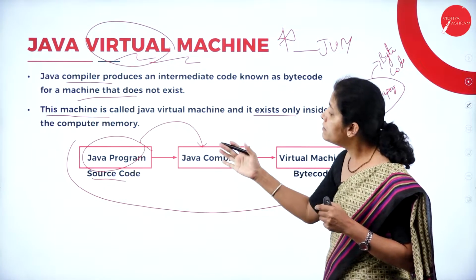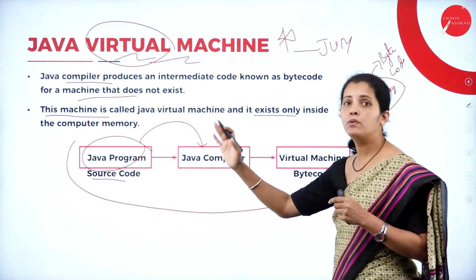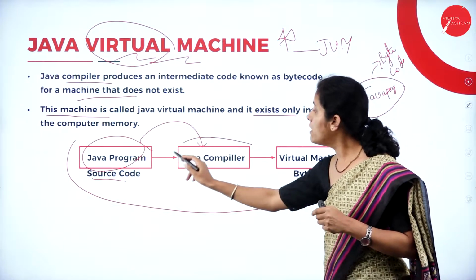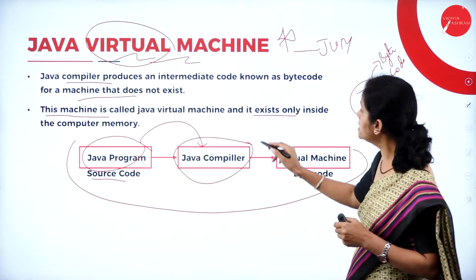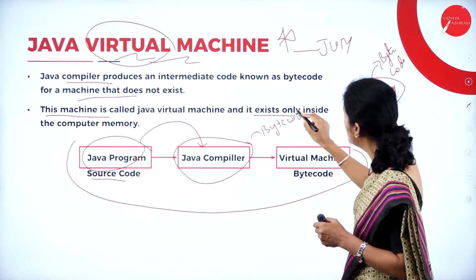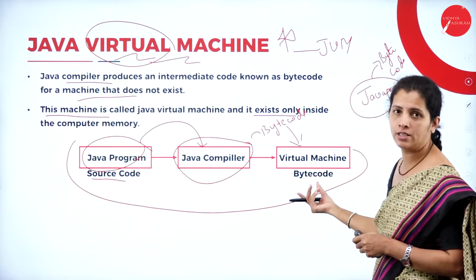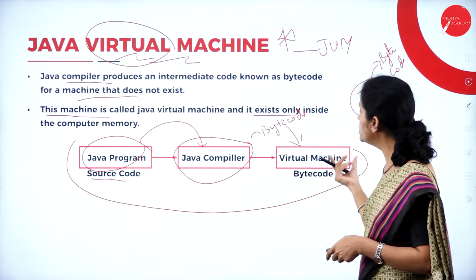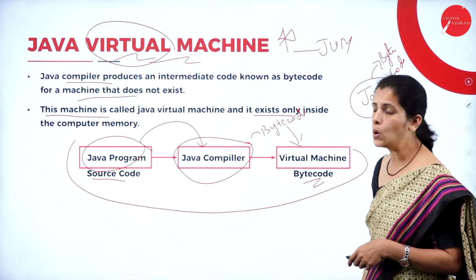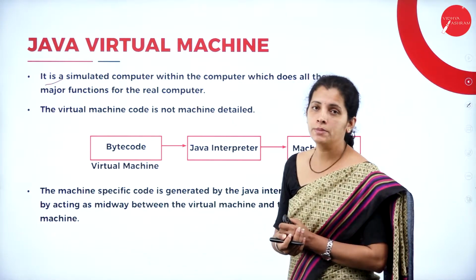It converts or translates the Java program into bytecode. The Java compiler generates bytecode, and this bytecode is the input to the virtual machine. So, what is the input to the virtual machine? That is bytecode.